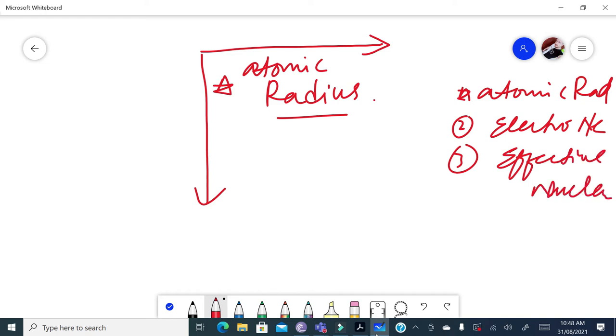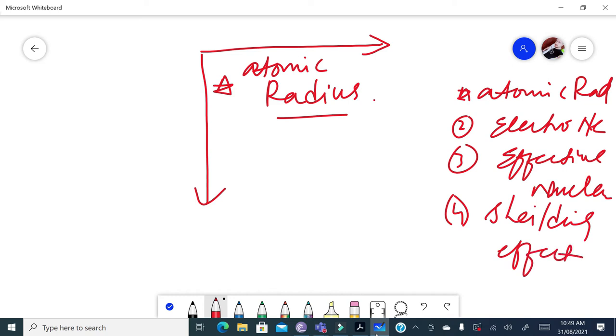And there's a fourth one which is also important, more important than electronegativity: shielding effect. Keep that in your mind, okay? So when I'm talking about atomic radius, I will talk in terms of effective nuclear charge and shielding effect.